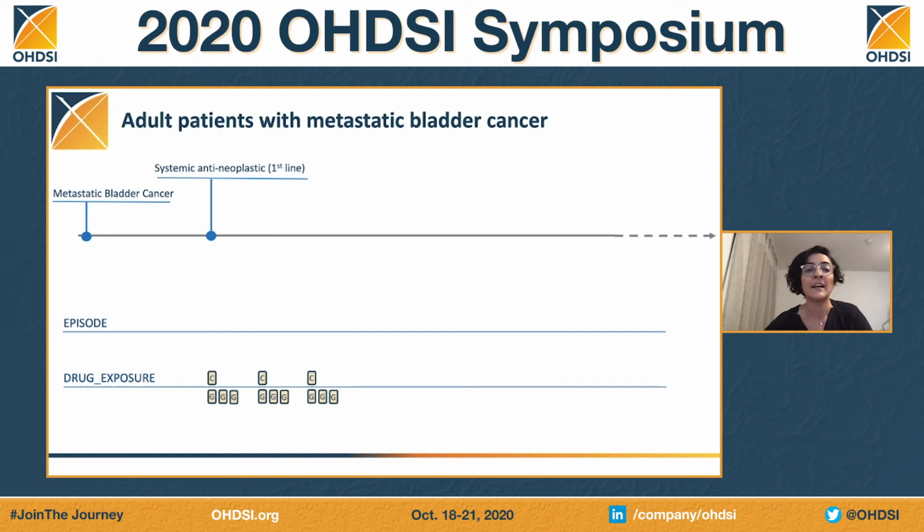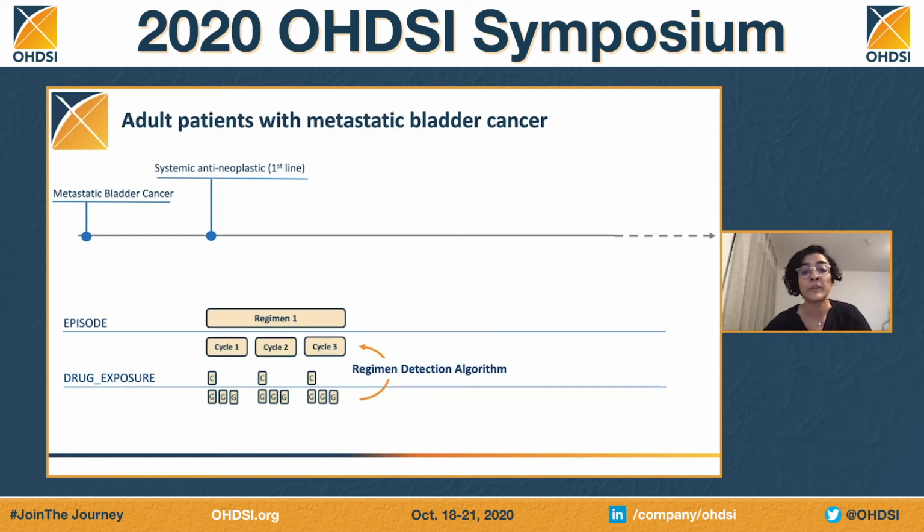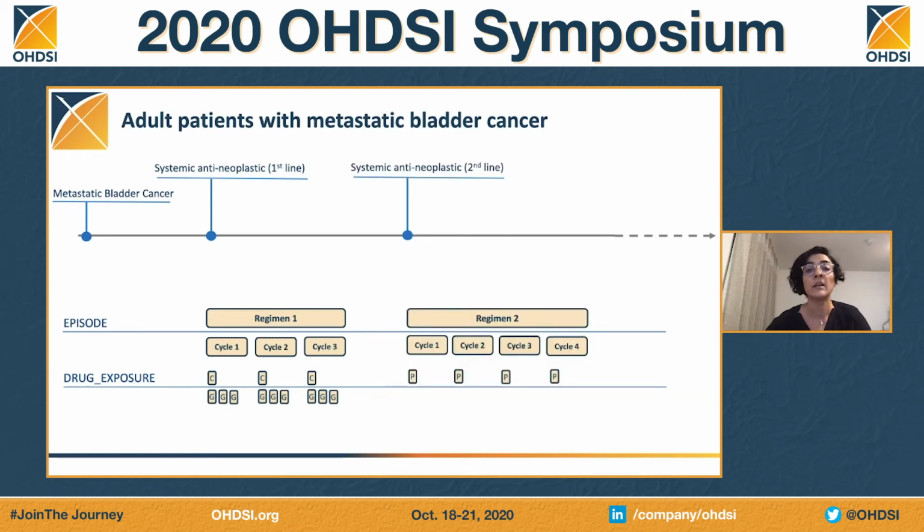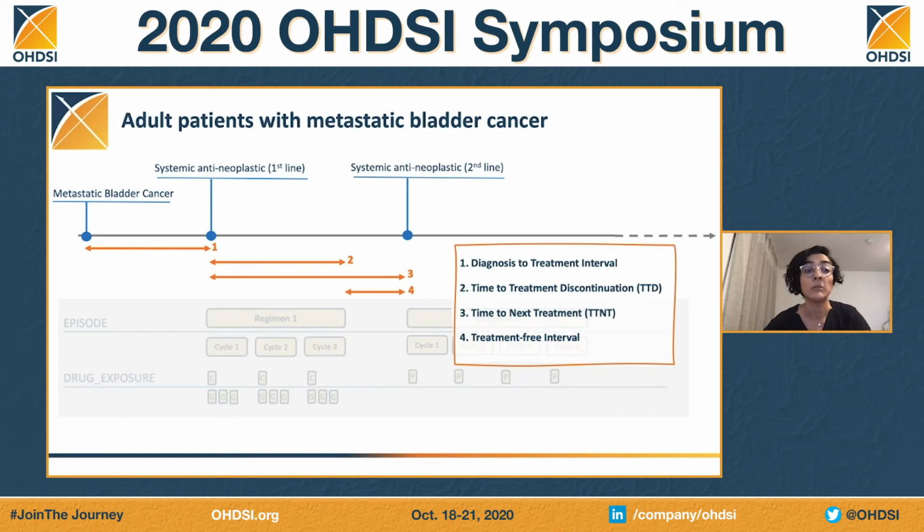To identify the treatment regimen, we used the individual drug exposures and, using a regimen detection algorithm, defined treatment regimens from the first line and also the subsequent lines of therapy. All this information enabled us to identify specific episodes in patients' journey that are required to define and characterize outcomes.